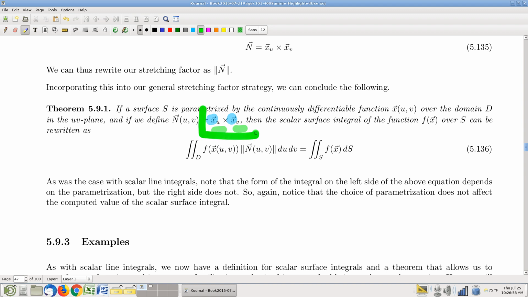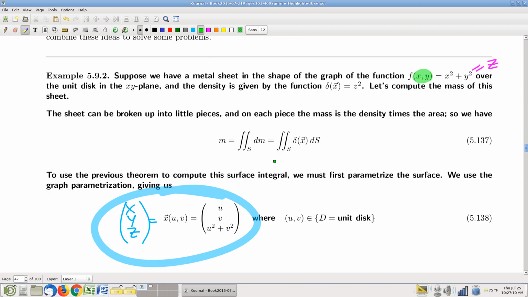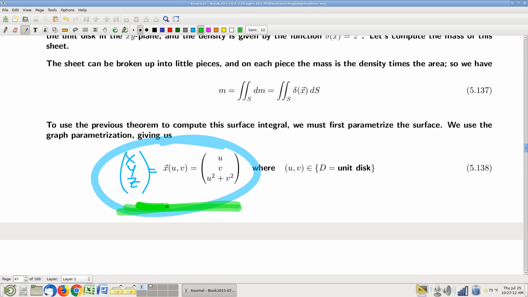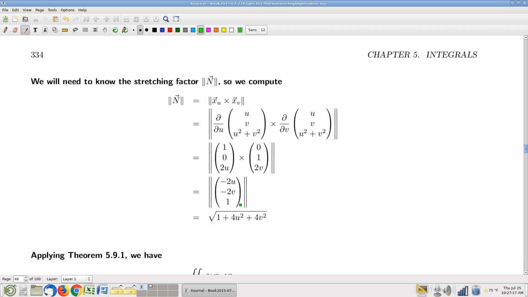Then I've got to take that cross product, and then I've got to take the magnitude of that cross product of those partial derivatives of that parameterization. Right, so multi-step process. So let's go ahead and do that. Here's that parameterization again, and here you go. Formula for the stretching factor.